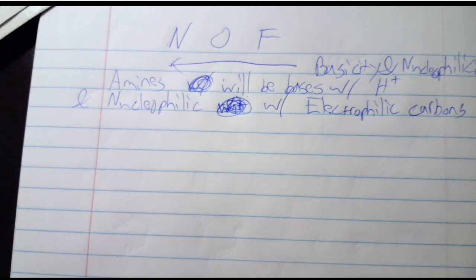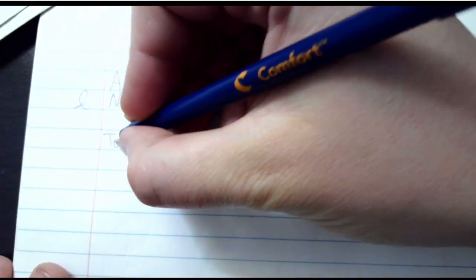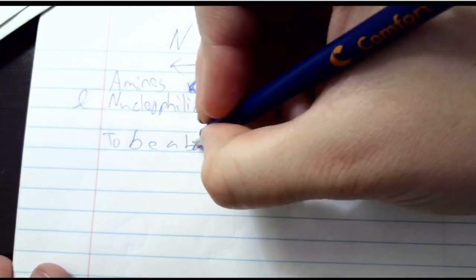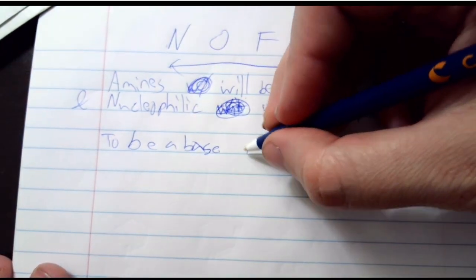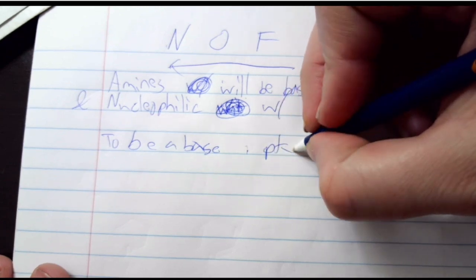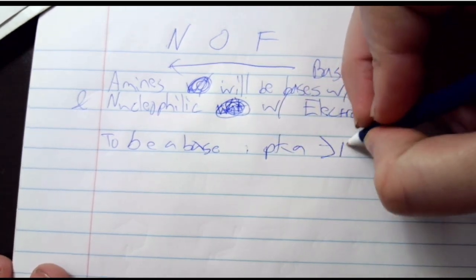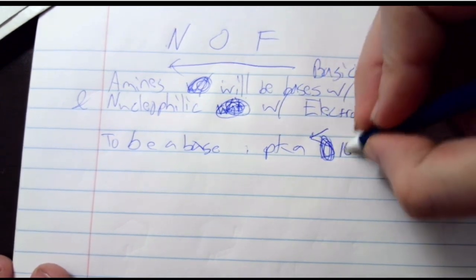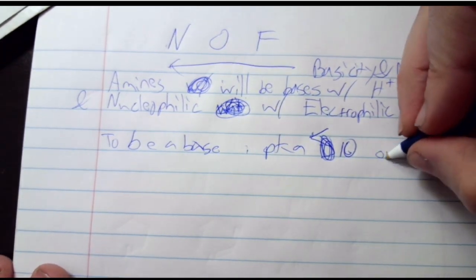So it all depends. To be a base, here we go. To be a base, we need a pKa of greater than 10. A pKa of less than 10 on the acid.